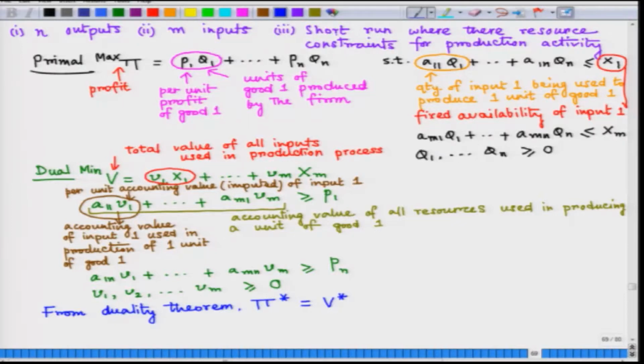So, note that we had this discussion earlier where we said that the optimized value from the maximization problem and the minimization problem shall be equal. So, what does that mean? That has a very strong implication in terms of economics.